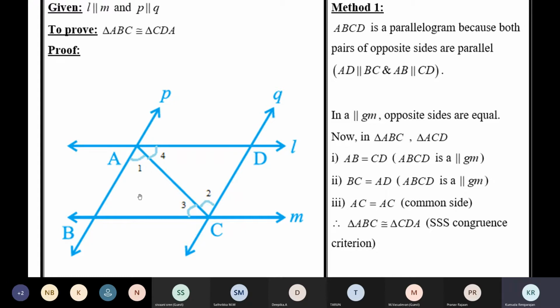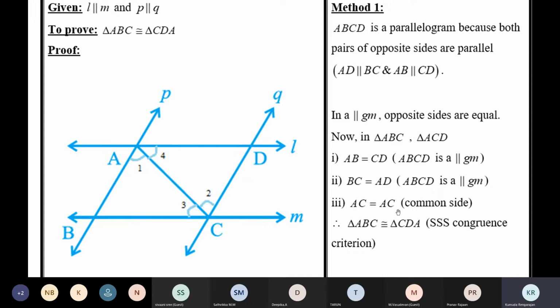BC of the first triangle is equal to AD of the second triangle, because again ABCD is a parallelogram, opposite sides are equal. And AC is a side common to both the triangles. AC is equal to AC, common side.